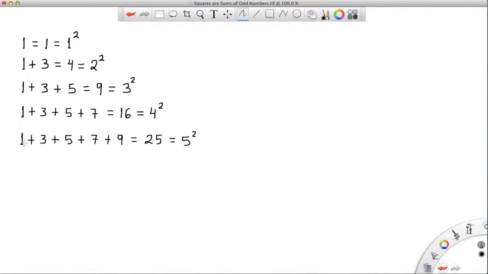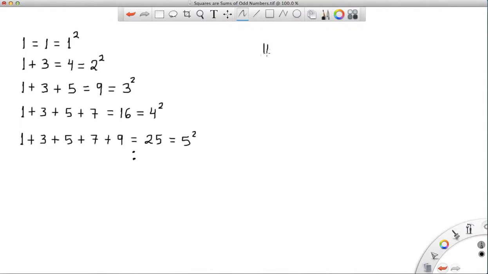And then in the last row we have the sum of the first 5 odd numbers, and that equals the square of 5. And this keeps going. If we added the first 6 odd numbers, we're going to get 36, because 6 times 6, and so on. So let's try to summarize this in a table.